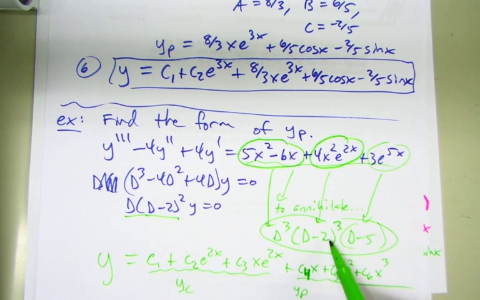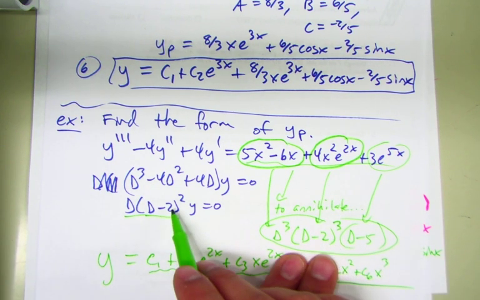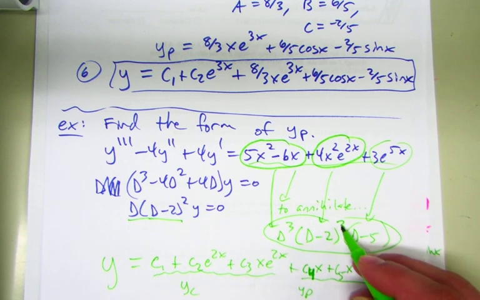All right, and now we also have d minus 2 cubed, but we've also already used 2 twice. Sorry about that, I was getting ahead. So if we look at where we left off with C3 x e to the 2x, we're going to pick up with x squared now for the next 3 times that we use 2.